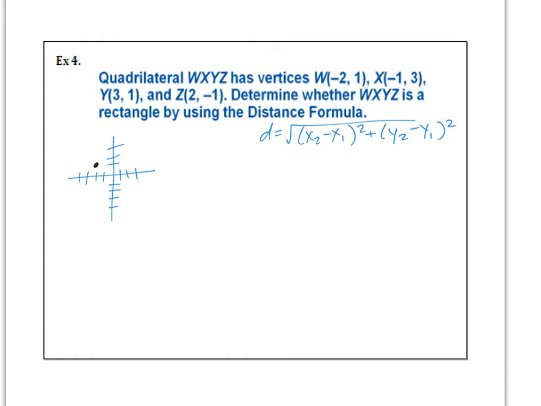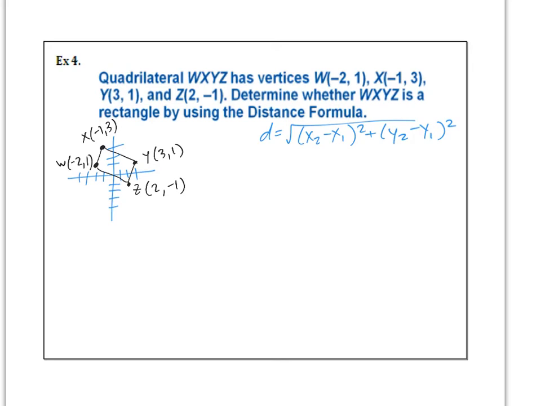X is at (-1, 3), Y is at (3, 1), and Z is at (2, -1). Then I'm going to connect them. And it does look kind of like it could be a rectangle.